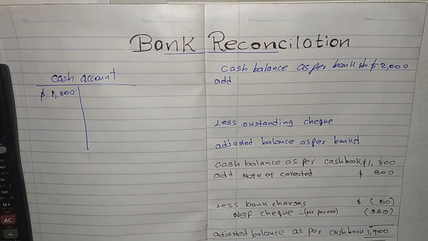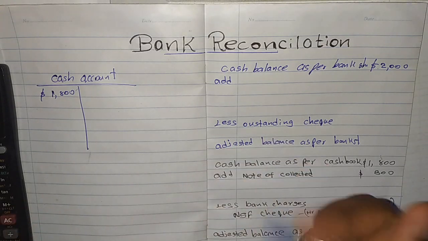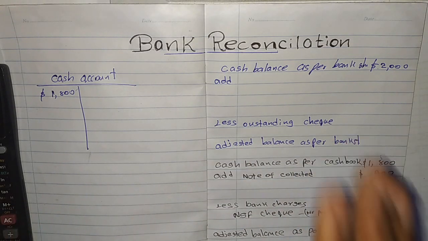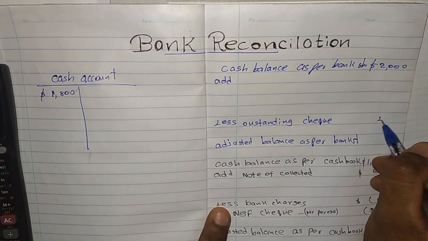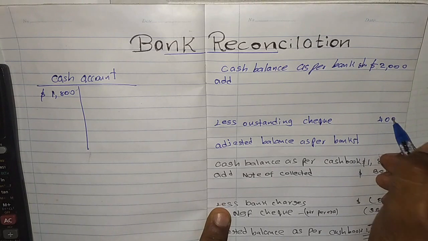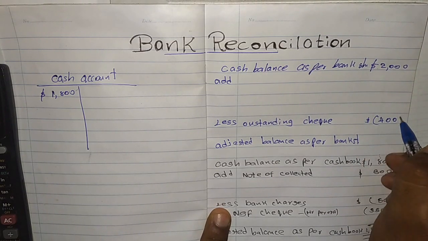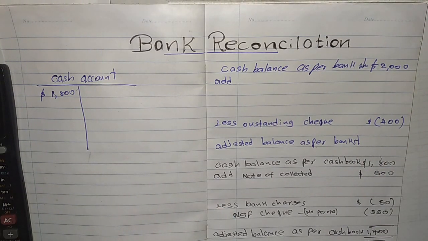We know we wrote them. We have already taken them out of our books, but they haven't cleared the bank, and we want to subtract those out of the bank statement balance. There's $400. We are going to subtract those out.